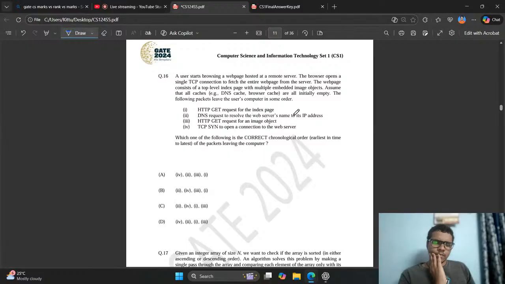HTTP GET request for the index page. First is the web server's name, for an image object. A connection. I guess first the connection opens.